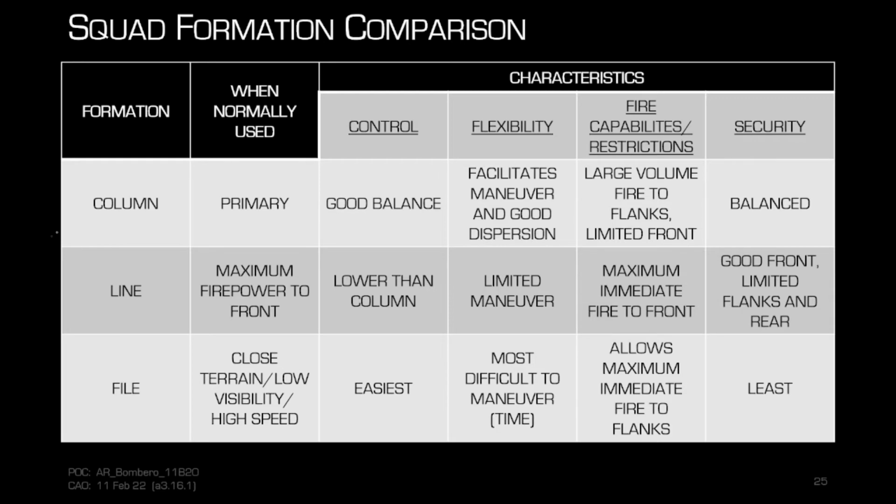So a little lower in the control than the column, and limited maneuver. But that trade-off you make is maximum firepower. If you got grenade launchers and automatic riflemen and riflemen all blasting, that's a lot of firepower. And then the file essentially is the same as the team file.